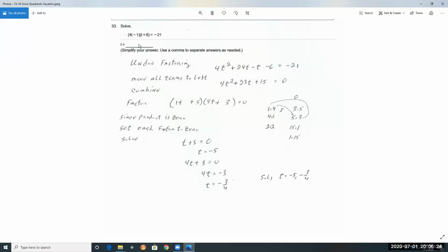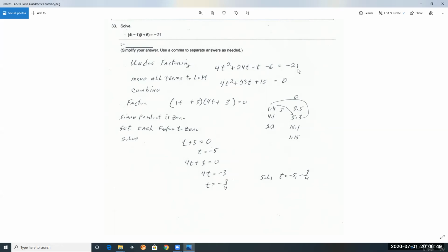We now reach the stage where we want to solve, not factor, but solve equations. We're going to use the factoring as the process. Well, first let's undo the multiplication. So we're going to FOIL this. 4t squared plus 24t minus 6t minus 6 equals minus 21.